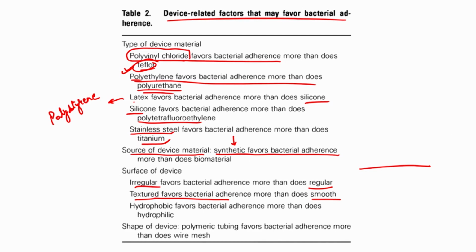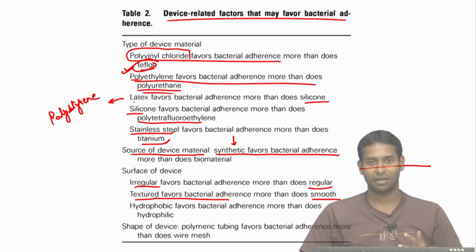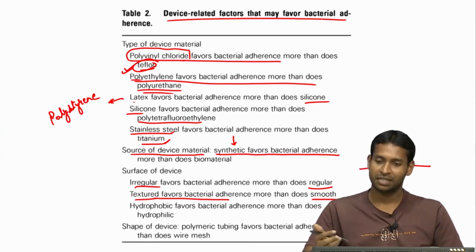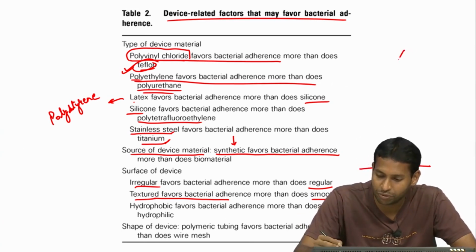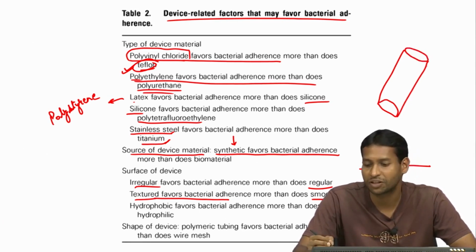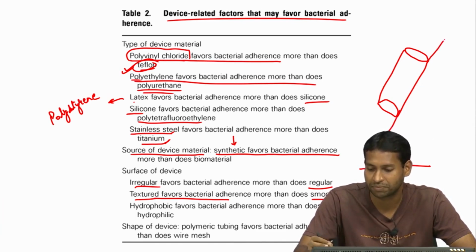And then again, the shape of the device can be important. So, the more surface area there is for the bacteria to adhere to, the more chances that the bacteria will colonize it. So, let us say if I am just putting a tube, and if the only major function of the tube is to just support, let us say, this vessel.